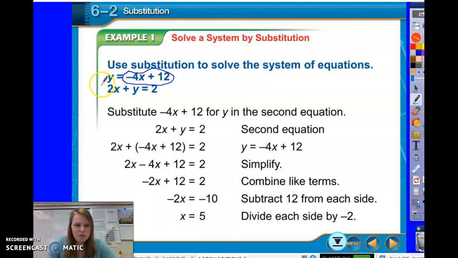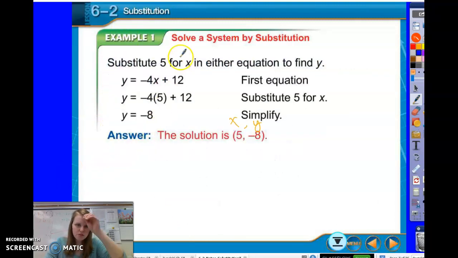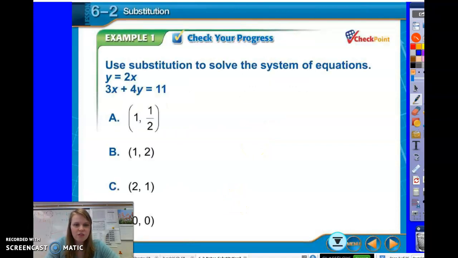Either one. Plug 5 in for x, see what you get for y. They plugged 5 into the top equation and got y equals negative 8. So 5 was x, negative 8 was y, so their answer is 5 comma negative 8. Then you're done.